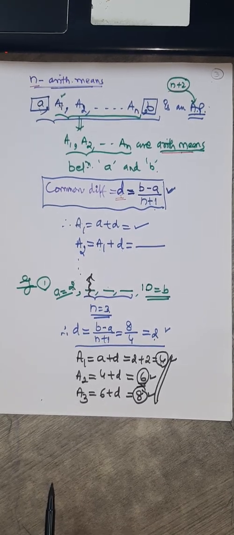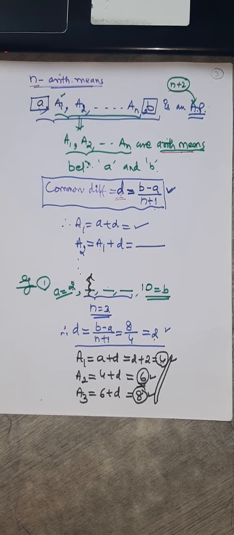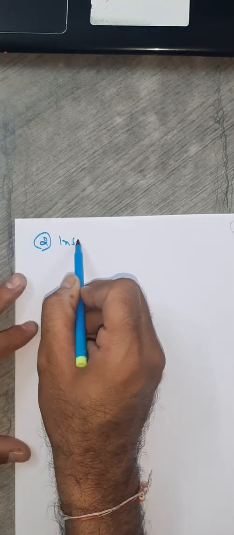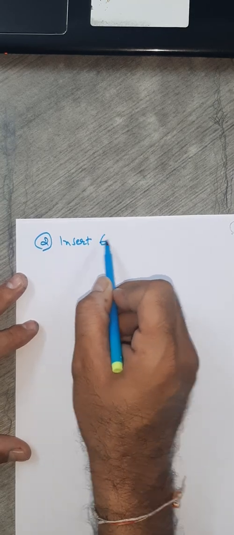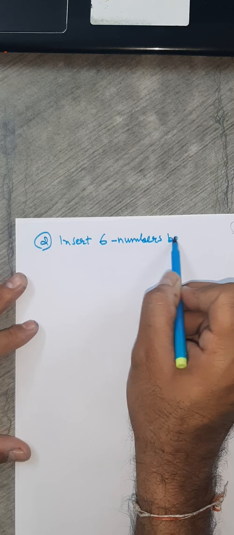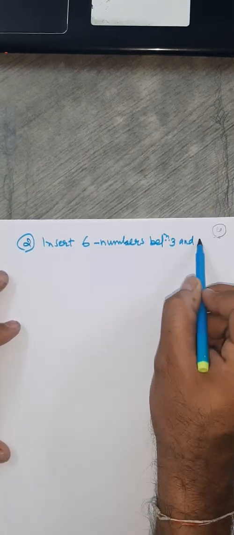Fine? Understood? Is it clear? I'll write one more question just to clarify further. The question is, insert 6 numbers between 3 and 24.